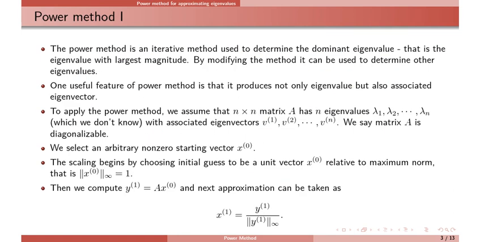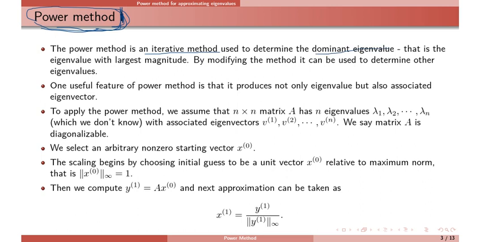So the method that we are going to study is the power method. This is an iterative method, like Newton, secant, and Gauss-Seidel, which is used to find the dominant eigenvalue.